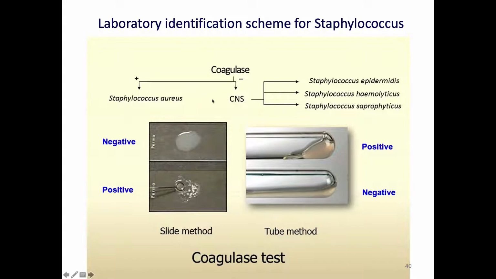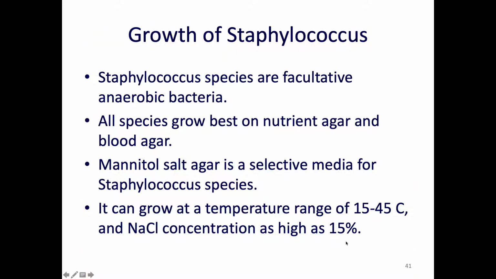So the negative coagulase test gives us the option: either we have epidermidis, hemolyticus, or saprophyticus Staphylococcus. So you have seen this already. This is a coagulase test.